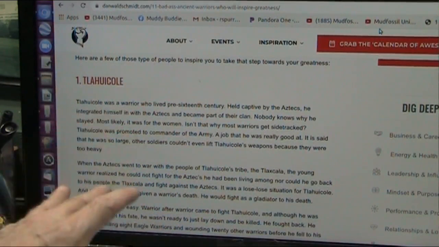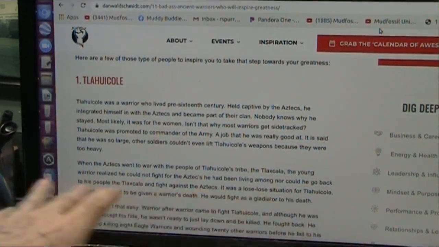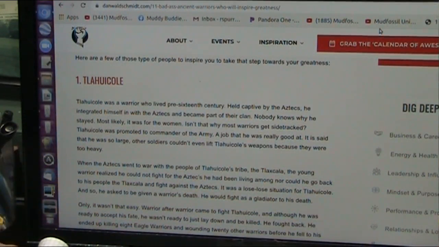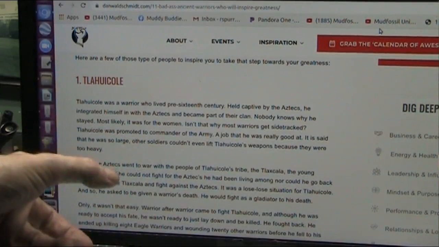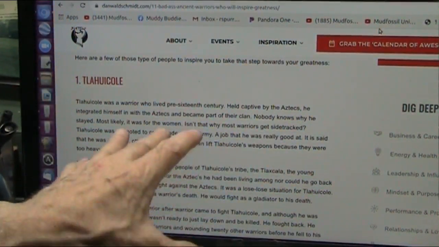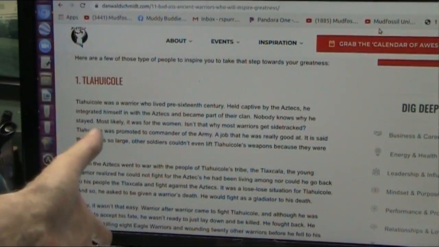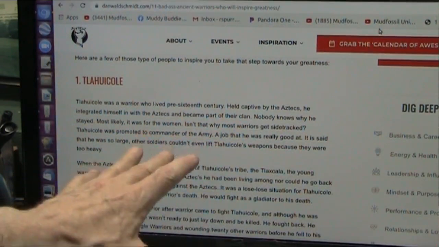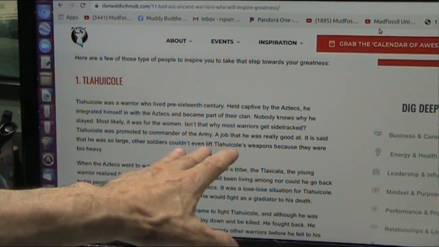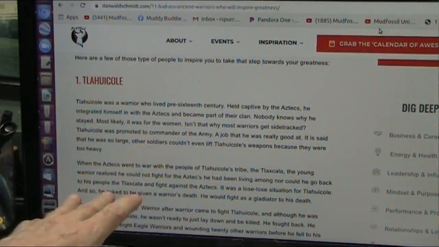And these are on the surface of the earth, so it was not long ago these things were here. I don't care what anybody says, that's just a fact. I attribute it to the Great Flood, but this was the 1600s, and if this was written about a contemporary time, by a guy alive at that time, that's what they're saying. He was really good at being a soldier, and other soldiers couldn't even lift his weapons. He was just that big.